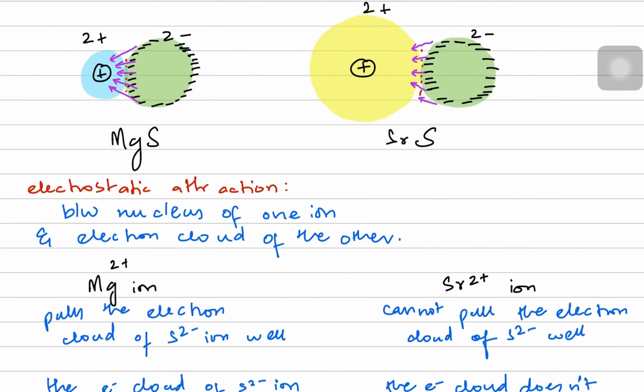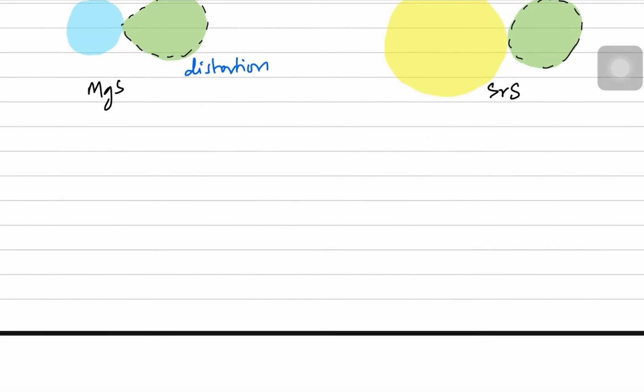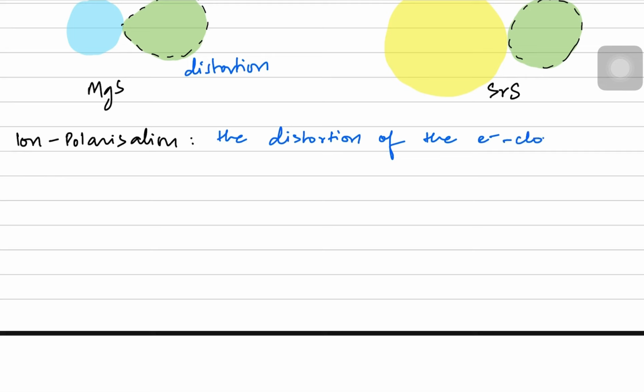So let's first write the definition of ion polarization. It is the distortion of the electron cloud of an ion under the pull or attraction of the cation.